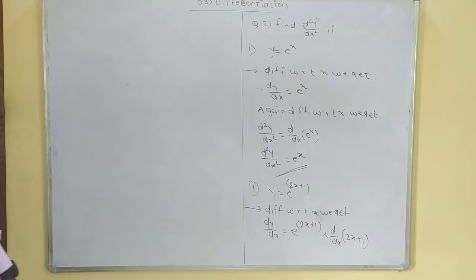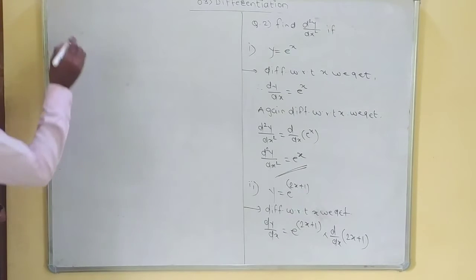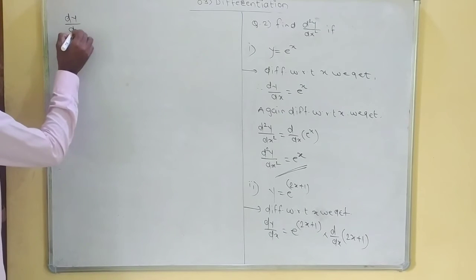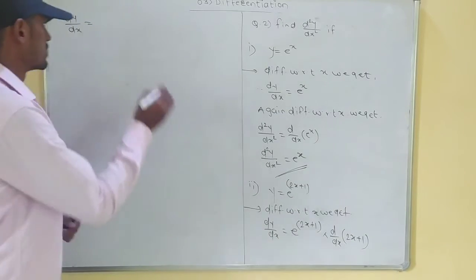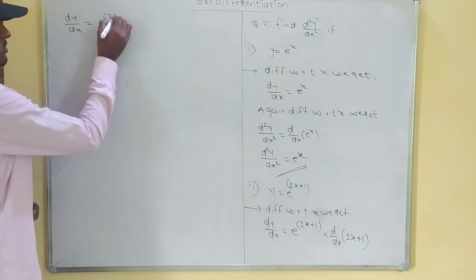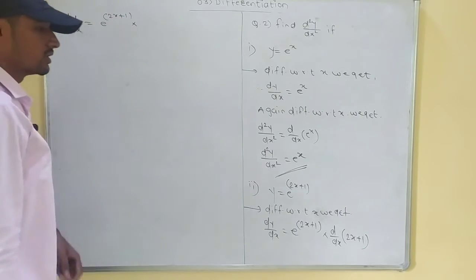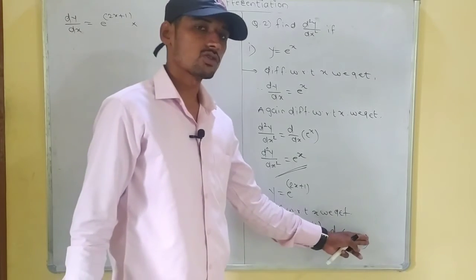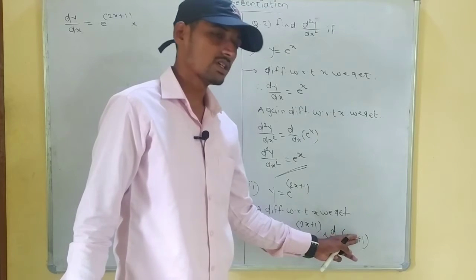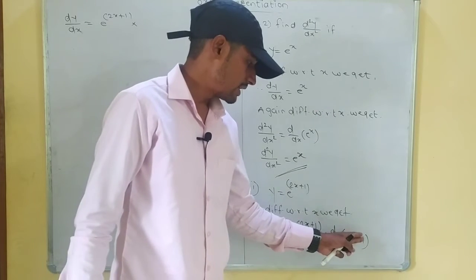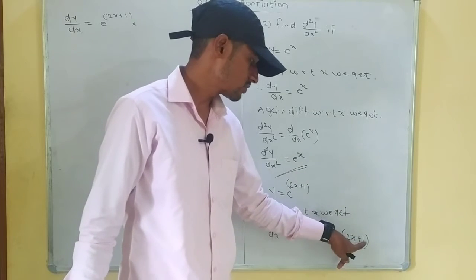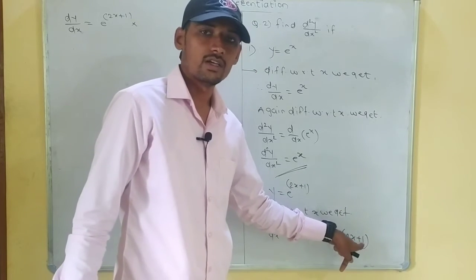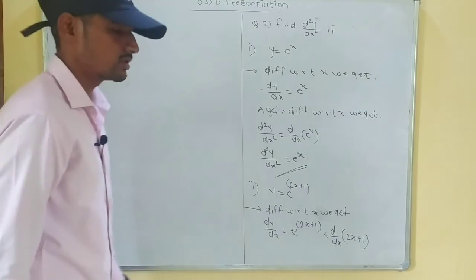dy by dx is equal to e to the power 2x plus 1 into the derivative of 2x plus 1. The derivative of 2x is nothing but 2 and the derivative of 1 is nothing but 0, because 1 is the constant part and the derivative of a constant is equal to 0.